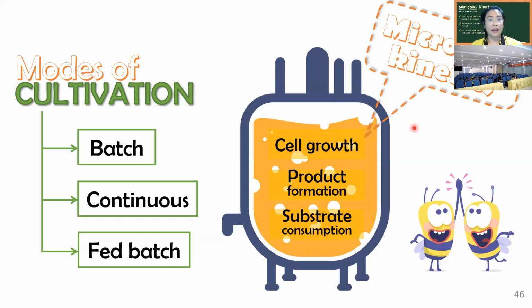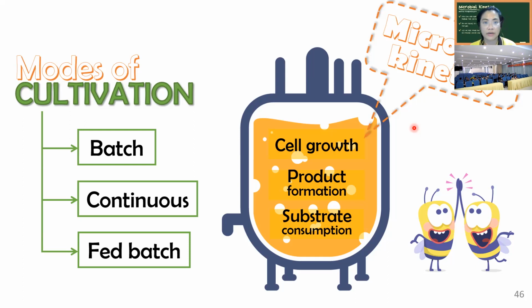We learned how the substrate is used by the cells. Okay, we know that it can be used to produce products straight away. It can be used to produce energy, provide for cell growth, and along the way produce a product.